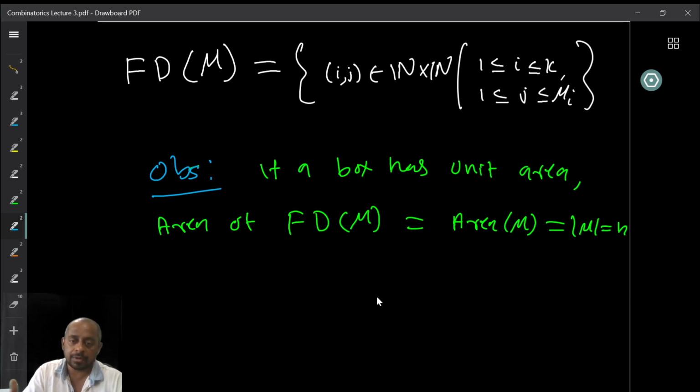It is going to appear in the top left corner of whatever you are looking at. This is something we already observed, that if a box has unit area, then the area of the Ferrers diagram of mu is the area of mu, which is the number that it is partitioning.